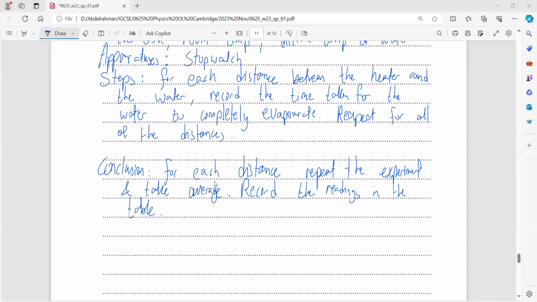The most important point in the conclusion is to say that I will compare the results. For example, I chose that I will change the distance, so compare the results of the distance with the time taken. It's as simple as that.